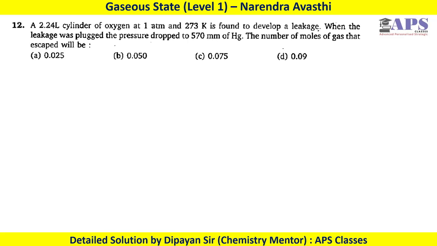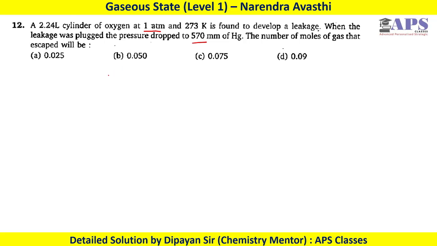In question number 12, a 2.24 liter cylinder of oxygen at 1 atm and 273 Kelvin is found to develop a leakage. When the leakage was plugged, the pressure dropped to 570 mm of Hg. Initially it is 760 mm of Hg and finally it is 570 mm of Hg.